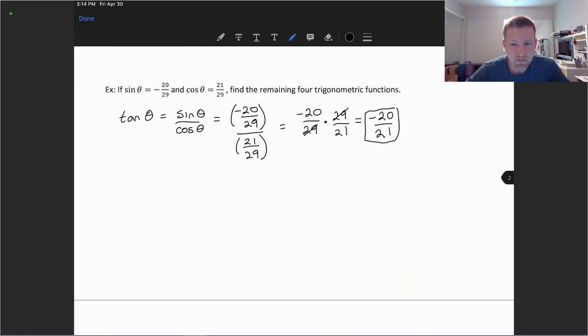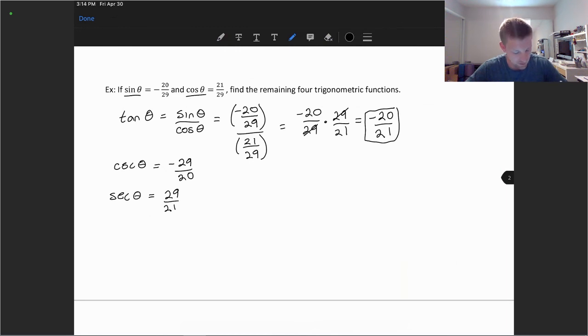Now that we have these 3 trig functions already, I'm just going to find their reciprocals. So the cosecant theta is going to be the reciprocal of the sine function. So that would be negative 29 over 20. The secant function will be the reciprocal of the cosine, which is 29 over 21.